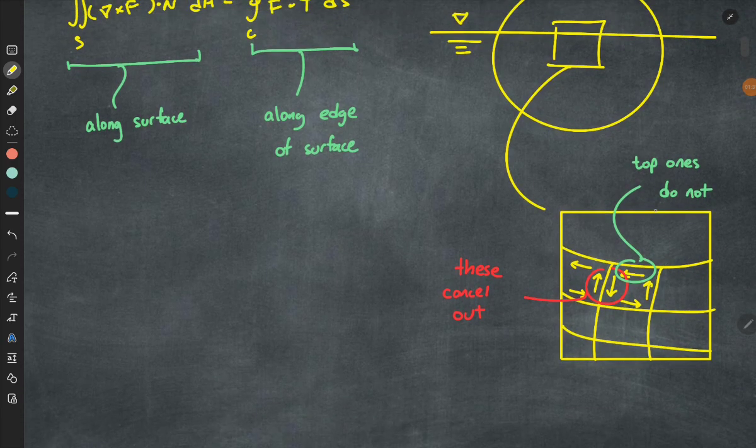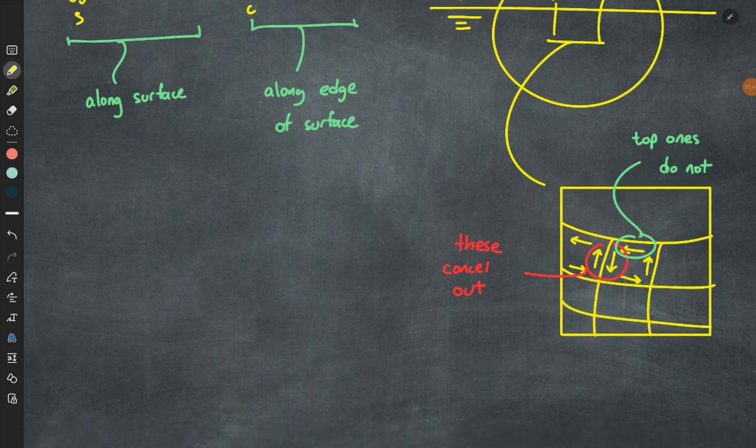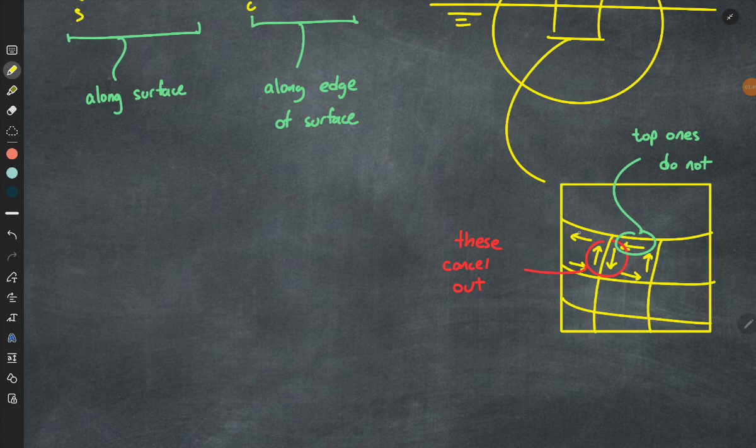Basically, this is like a really zoomed in picture of the ball at the point that's just in contact with air and the water. So as you can see, there are some vectors that are acting on each small area element that are sort of circulating.